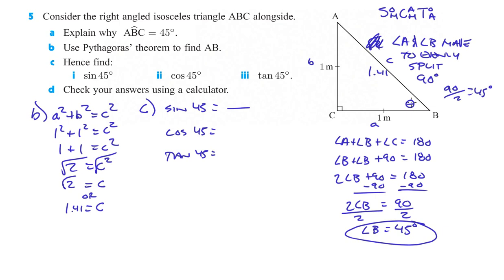So from this angle here, opposite is 1 over 1.41. Then cosine is adjacent over hypotenuse, that's 1 over 1.41. And then tangent is opposite over adjacent, which is 1 over 1, which is just 1.